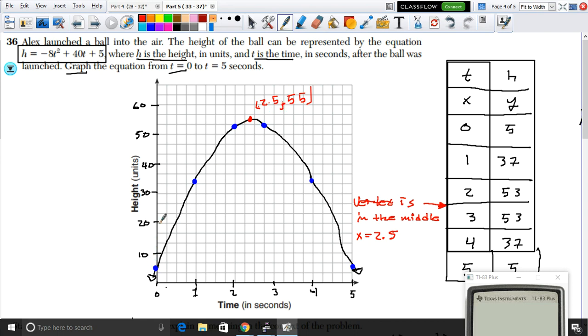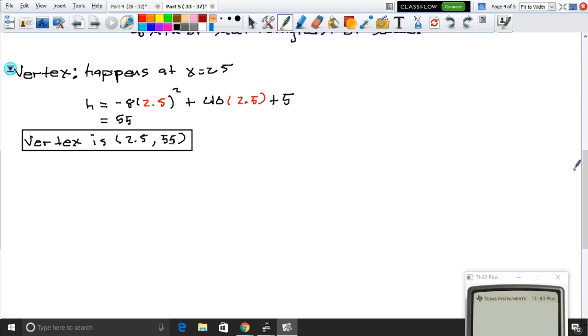So note that you throw it up, and then at this point it starts going down. So in the context of the problem, what this means is that the ball reached a maximum.